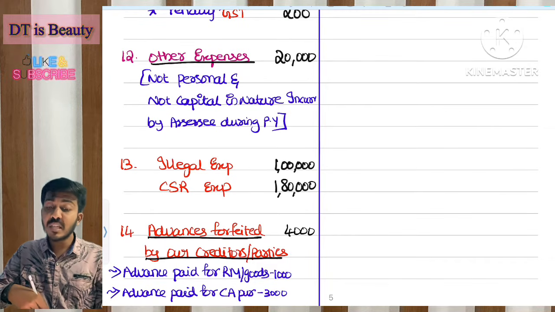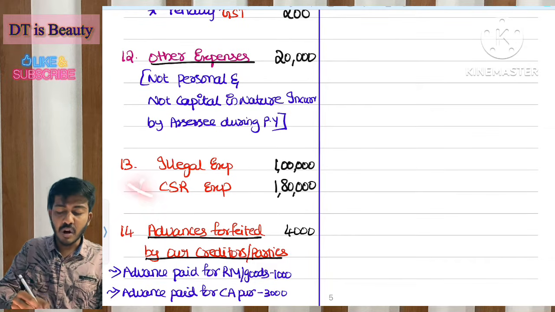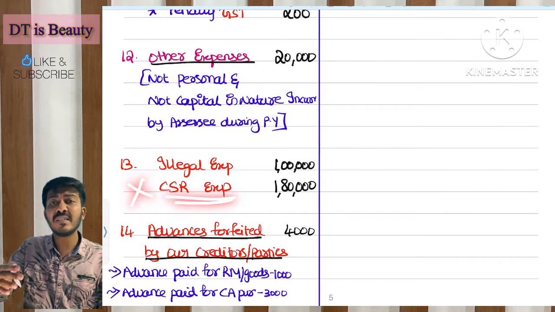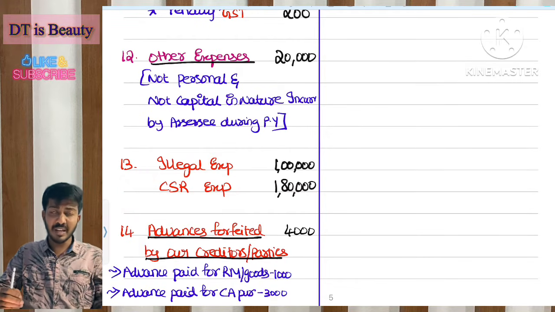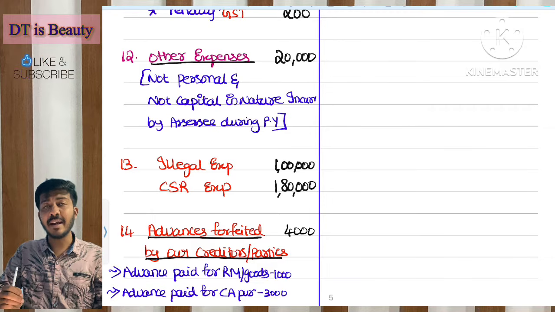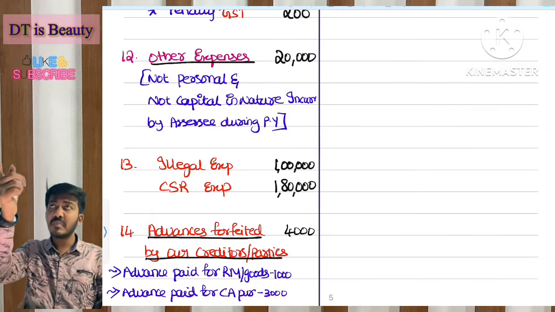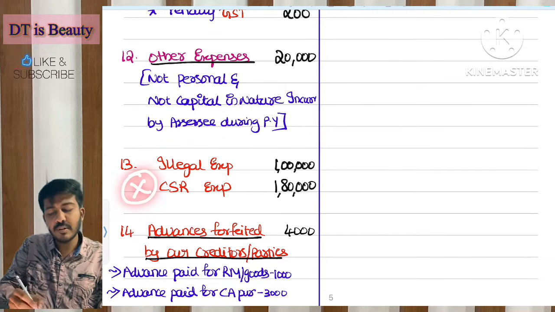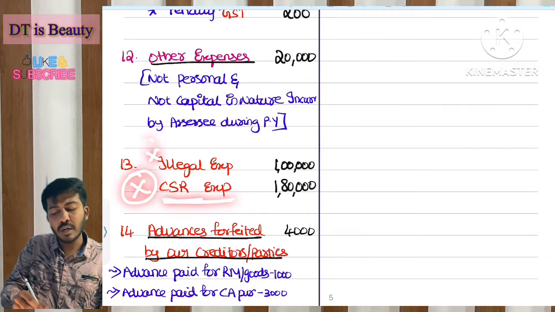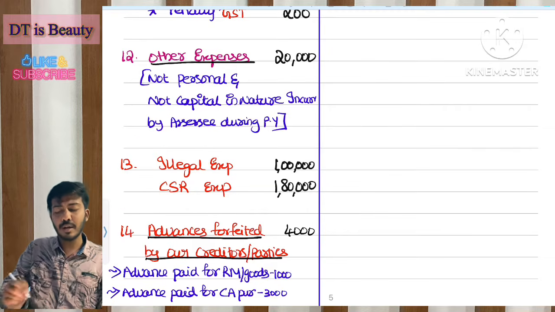That expense, if they debit it in the P&L, is not a correct expense, because how is it related to their business? If the corporate plants a plant, will that increase their sales? No, right? Therefore it is not wholly and exclusively related to their business purpose. It is not allowed. Illegal nature, no, it is not allowed.